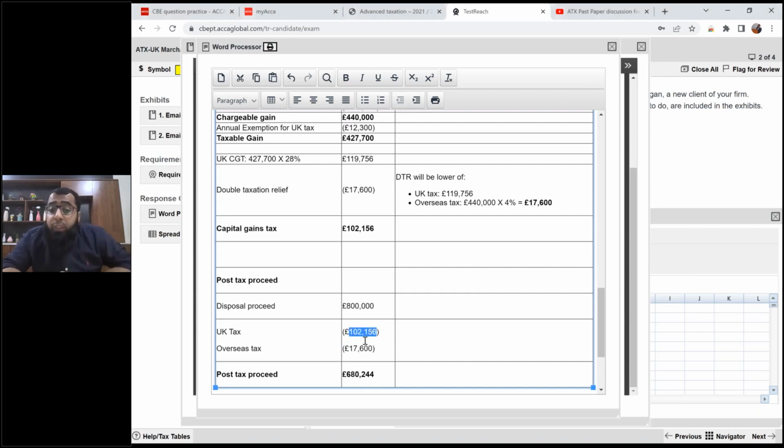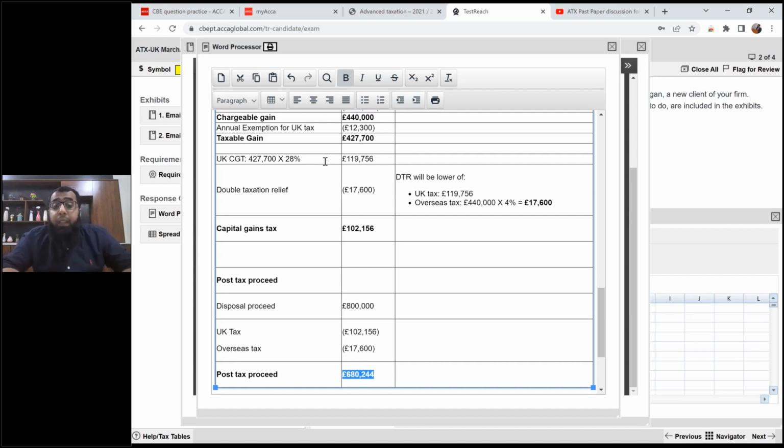We have paid two taxes, so the post-tax proceed in this case will be 680,244. If there had been any stamp duty, then we would have considered the stamp duty issues also.